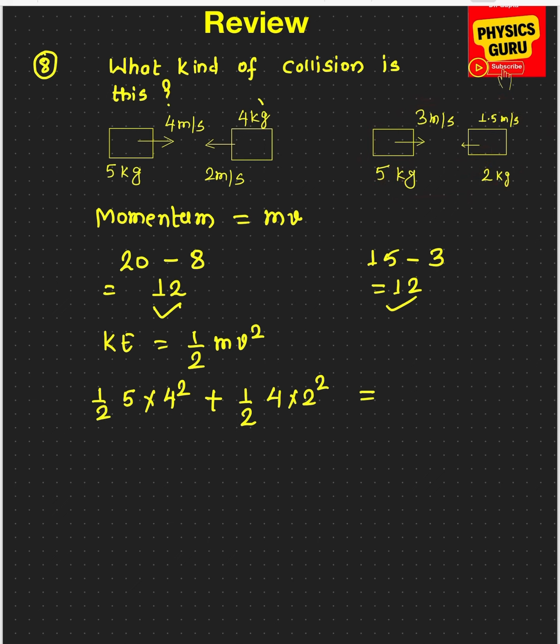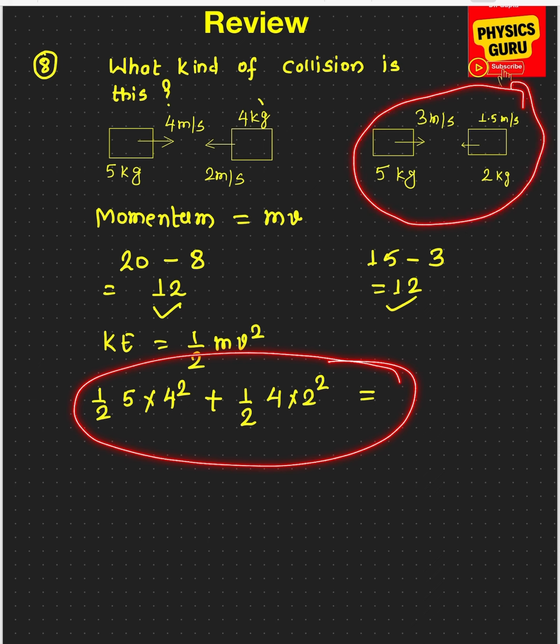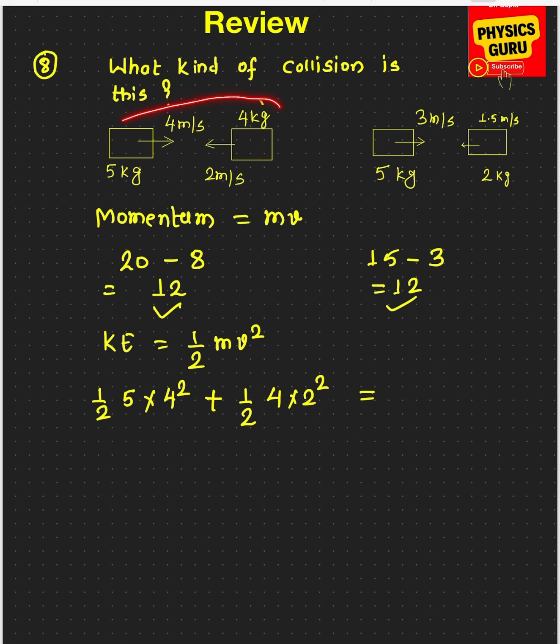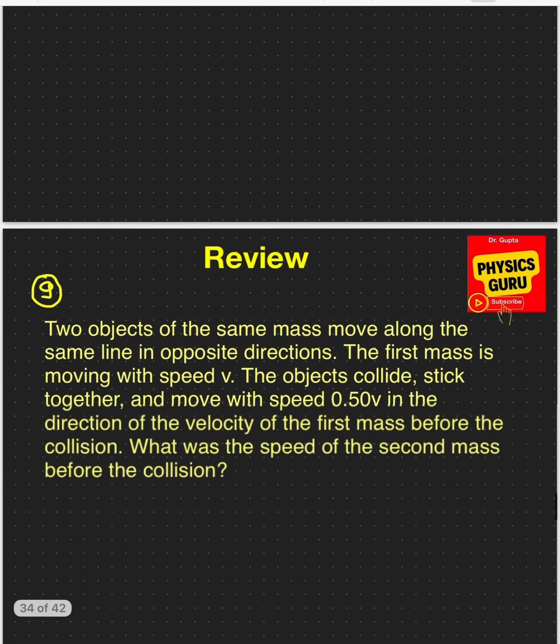Once you have the total, for example, this is the total initial kinetic energy and this will be the total final kinetic energy. If the total kinetic energy before collision is equal to the total kinetic energy after collision, then that will be elastic collision. And if they are not equal, then that will be inelastic collision. All right? Okay, let's move to the next problem.